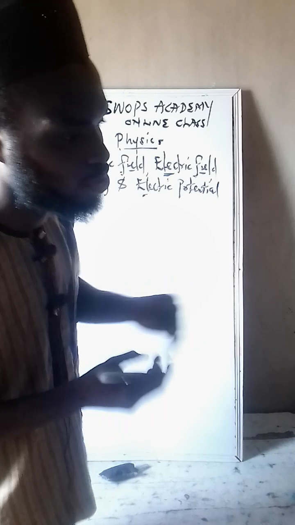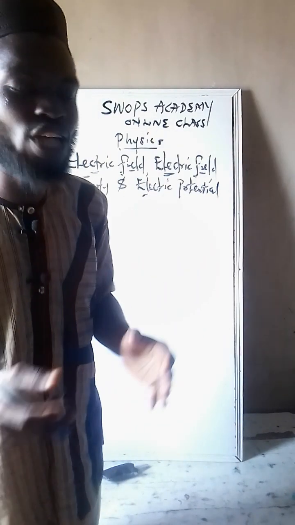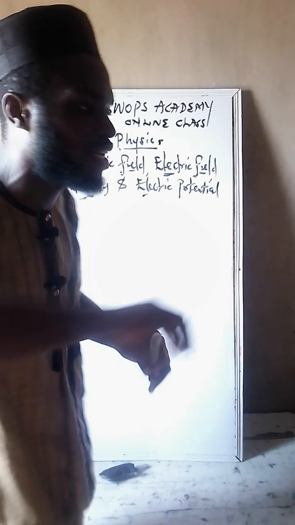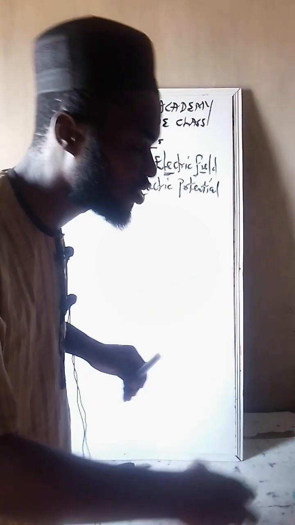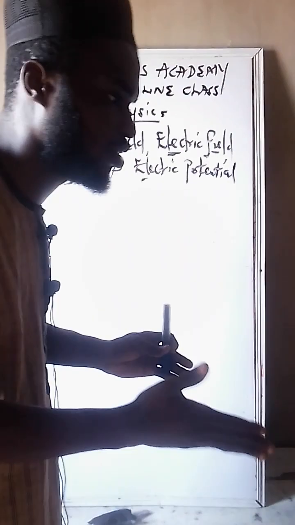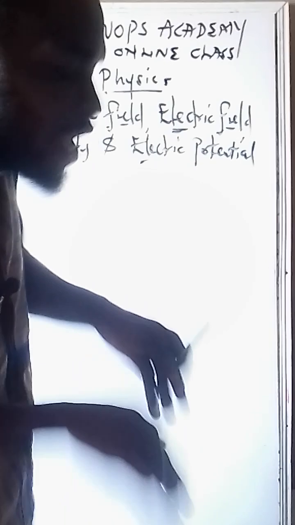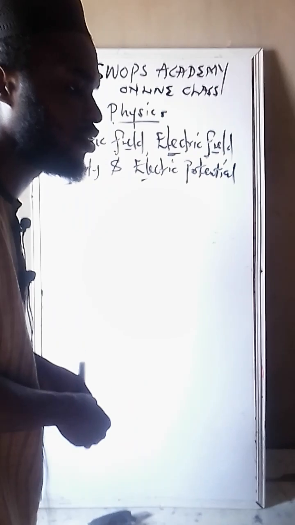Then what is actually field? JAMB can ask you that a field is a region or a space where an event is being felt, where an event is taking place. When we say felt, we mean where an event is taking place, where an action is being performed. That's what we mean by felt in physics.